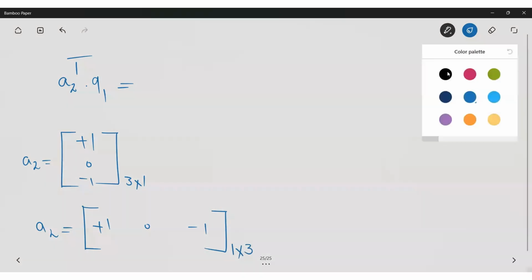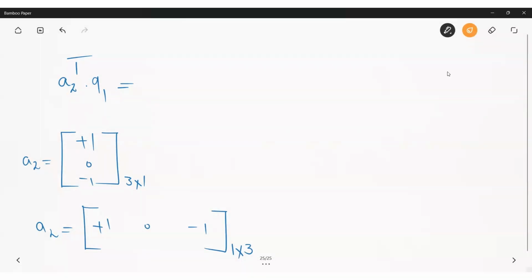Now, if I go back up there, A2 transpose becomes this format: plus 1, 0, minus 1, times Q1. Q1 is plus 1, plus 1, plus 1, multiplied by 1 over root of 3.